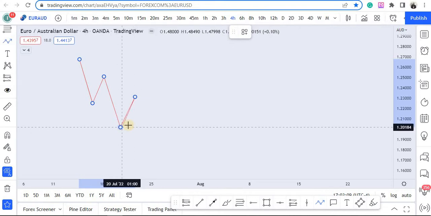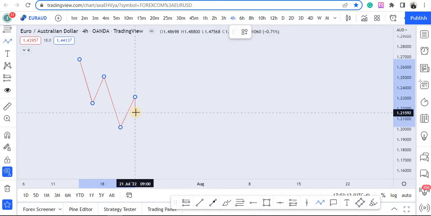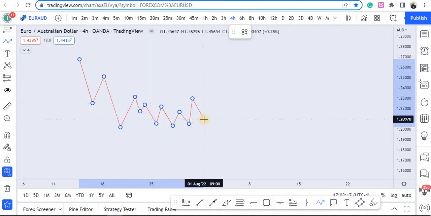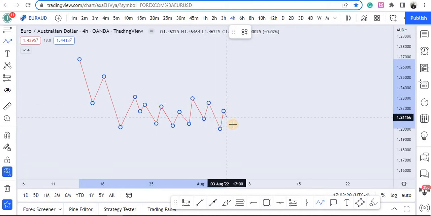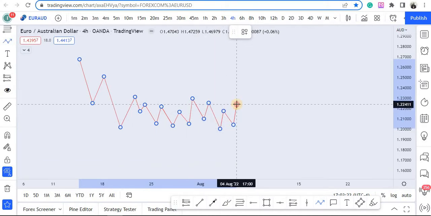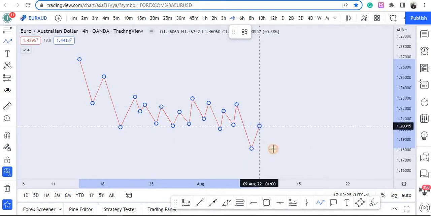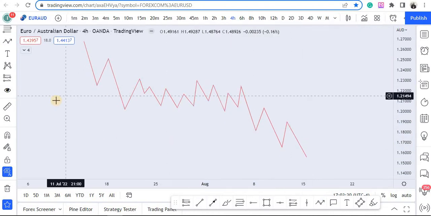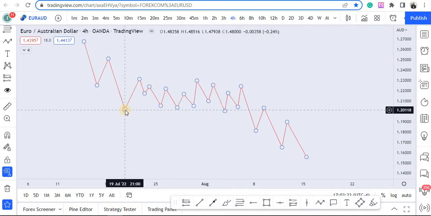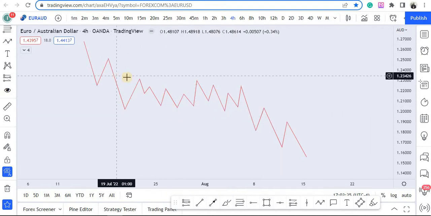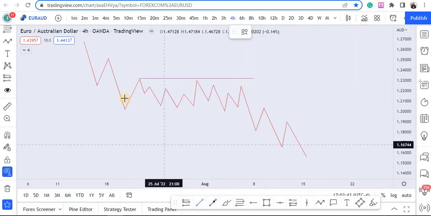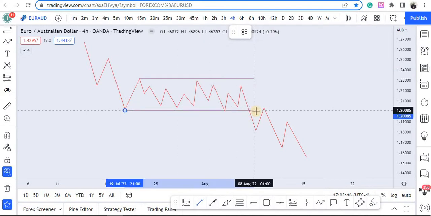Okay, if for instance we fail to break this low, and start having something like this, not only are we failing to break the low, but eventually we have the break of the low, so at a point, not only were we failing to break the low, but we also couldn't break the high. In that case, we say that we are in a ranging market. The market is ranging or consolidating.